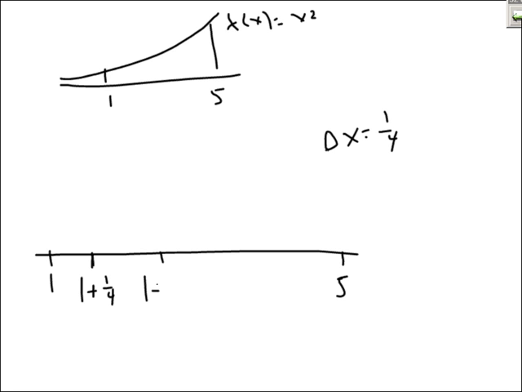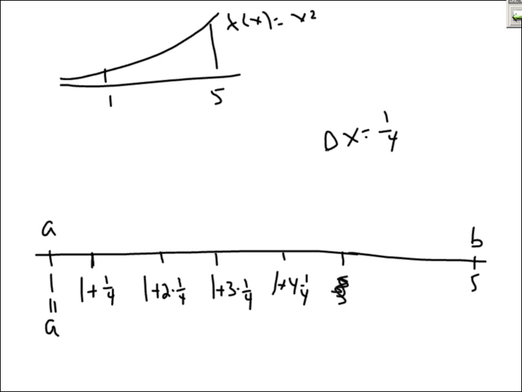And the next one should be 1 plus 2 delta x's, and then 1 plus 3 delta x's, and then 1 plus 4 delta x's, etc. That is, we have a, because we're going from a to b, which is 5. So then we have a plus delta x, and a plus 2 delta x's, and a plus 3 delta x's, and a plus 4 delta x's, etc.